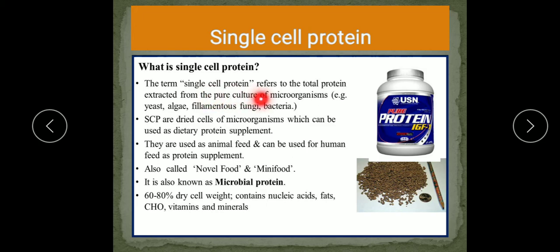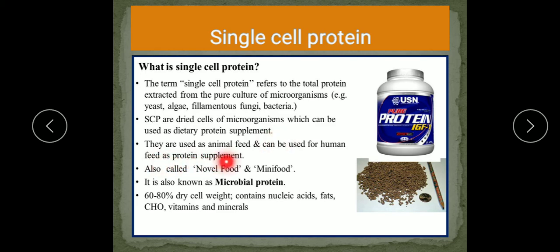The term single cell protein refers to the total protein extracted from the pure culture of microorganisms, for example, yeast, algae, filamentous fungi and bacteria. These SCPs are dried cells of microorganisms which can be used as a dietary protein supplement.